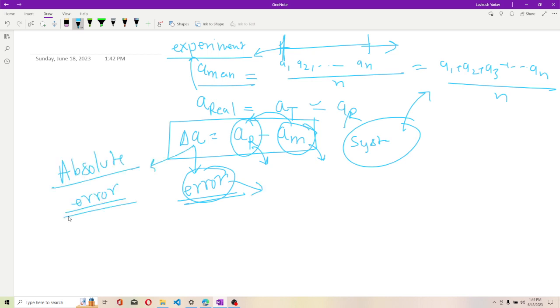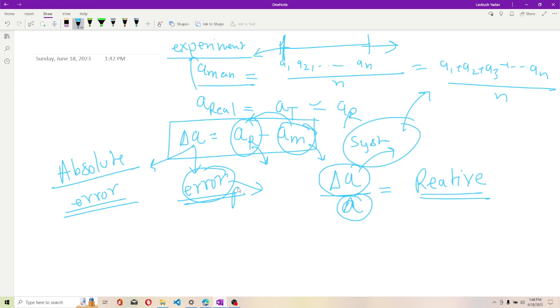Now if I say delta A upon A, that is called the relative error. Delta A is the difference between the real and actual value, and A is the actual value. So delta A upon A is called the relative error.